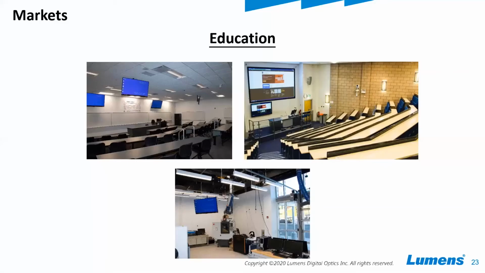In an education setting, our decoders are used to make sure that all the video sources are being shown to as many displays as needed so that all participants can see clear instruction or clear information.